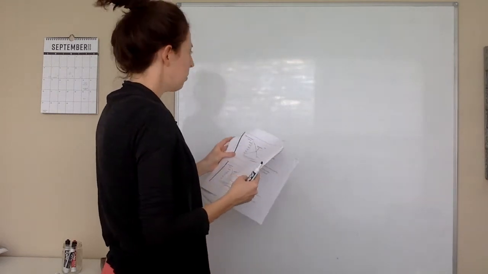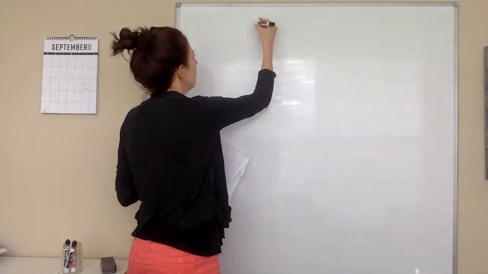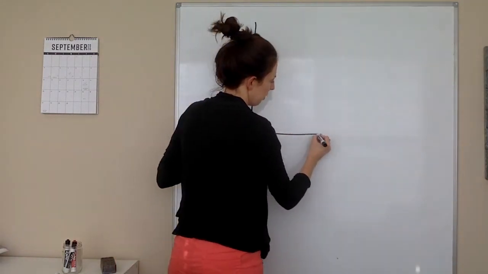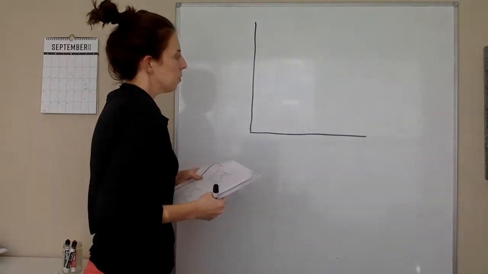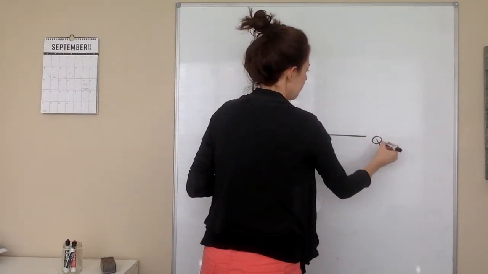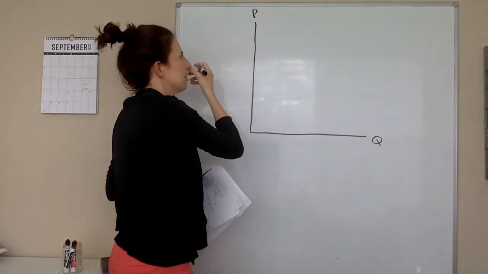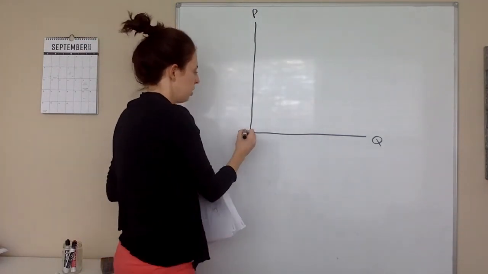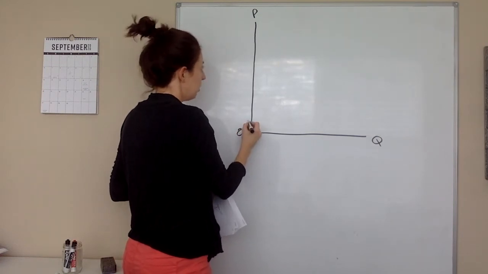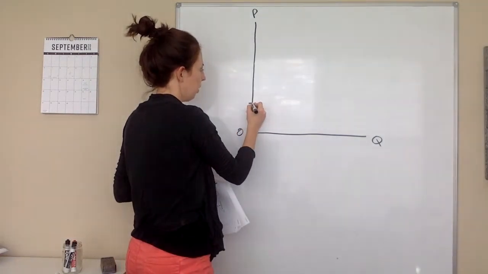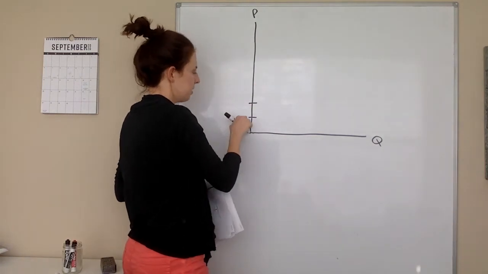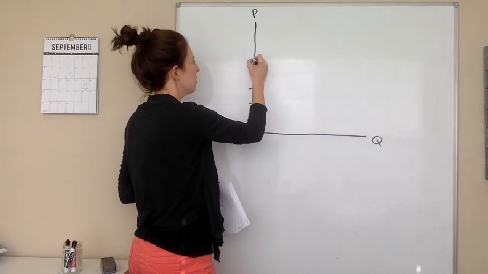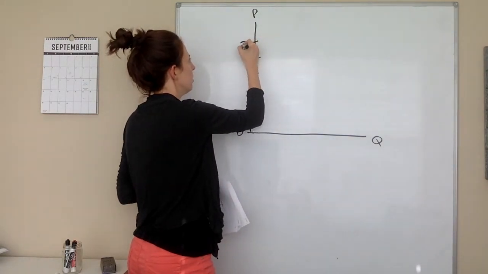Okay, so let's draw. We'll have a market for ice cream cones again since we've been thinking about ice cream cones for the last several weeks. Let's have the prices increase in 50-cent increments from 0 up to $3. So we'll have 0, 50 cents, $1, $1.50, $2, $2.50, and $3.